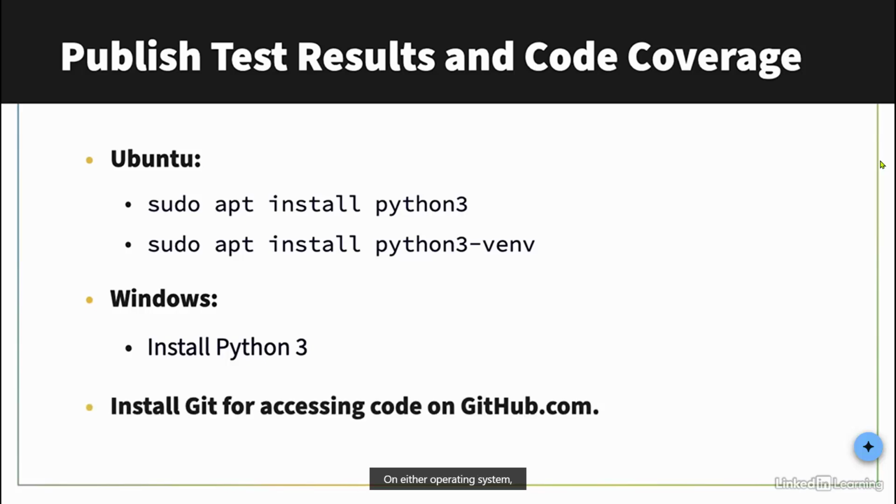On either operating system, you also need to have Git installed for accessing the code from GitHub. Ubuntu systems should already have Git installed, but for Windows, you'll need to install it manually. Your Jenkins server will also need to have the JUnit and code coverage plugins installed. Okay, let's get on with this demonstration.